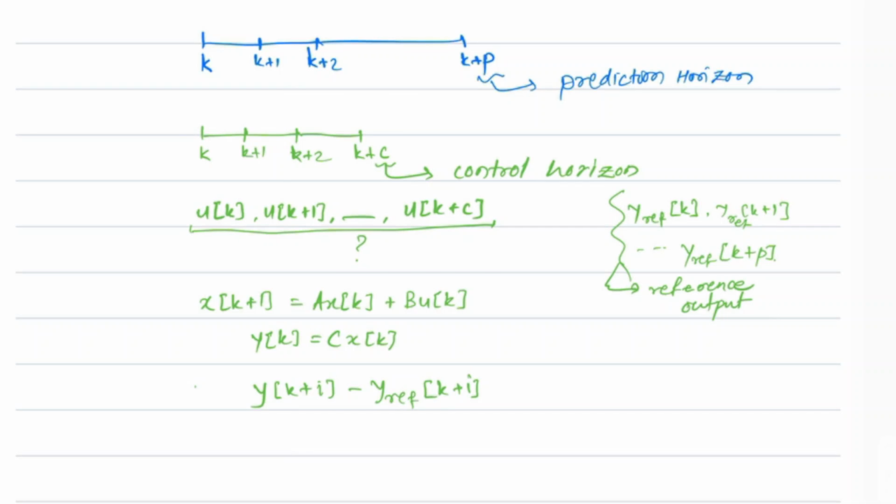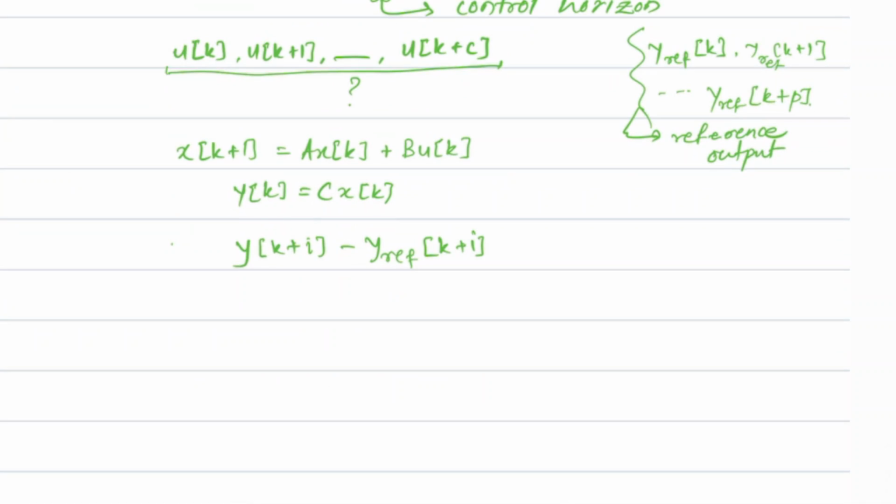So this is the error at any given time i, right? And this is the 2 norm of it. And if you do summation from say i equals to 0 to your prediction horizon P, you want to minimize this.